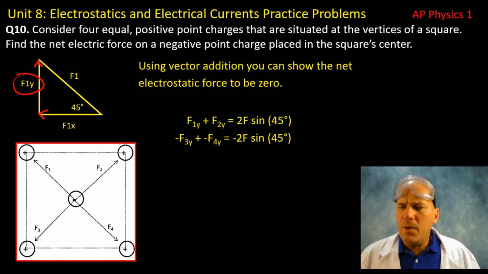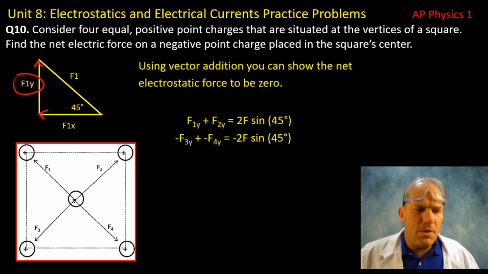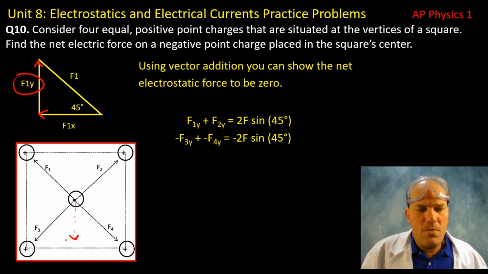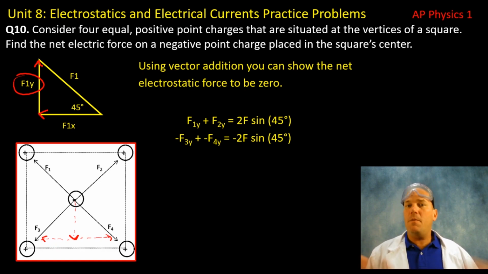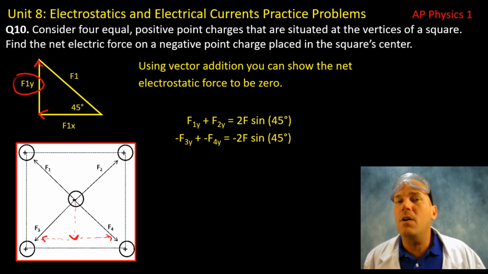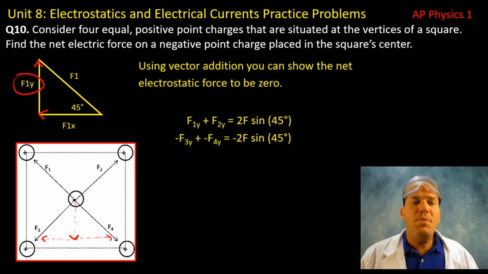Okay, now look at charge 3 and 4. We'll see those charges, as I'm sure you can see, are going to have a downward component, and this one is going to have a leftward, and F4 will have a rightward. So if we stick to convention here, we'll say down negative, up positive, left negative, right positive. So we could call F sub 3 vertical plus F sub 4 vertical.